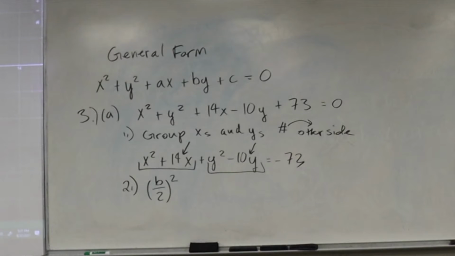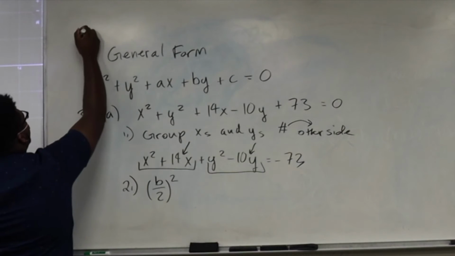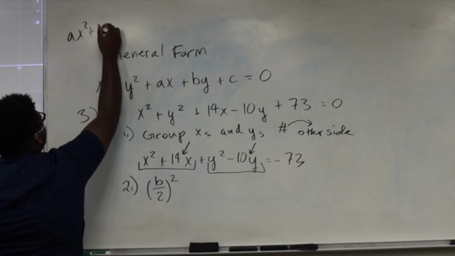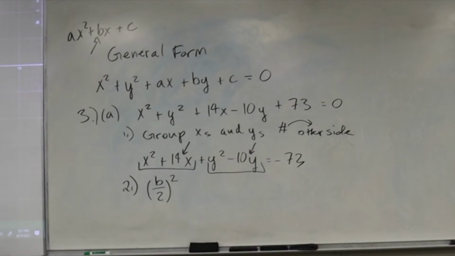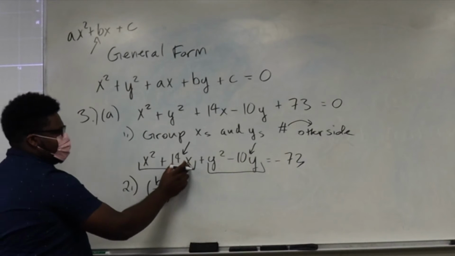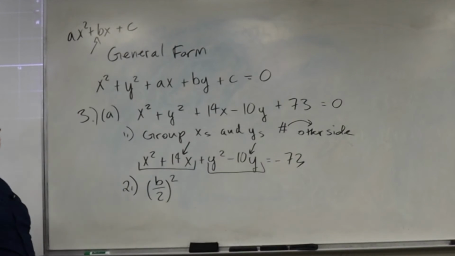Those are our b's. They come from the quadratic form, which is ax squared plus bx plus c. So it's the term on just the x, and the term on just the y, not the y squared or the x squared.